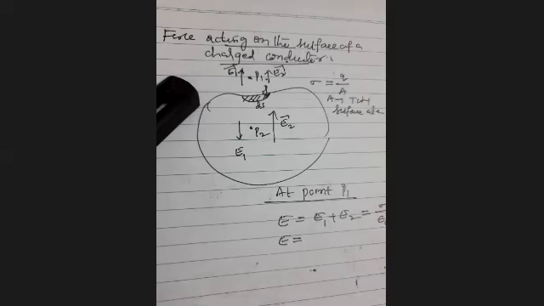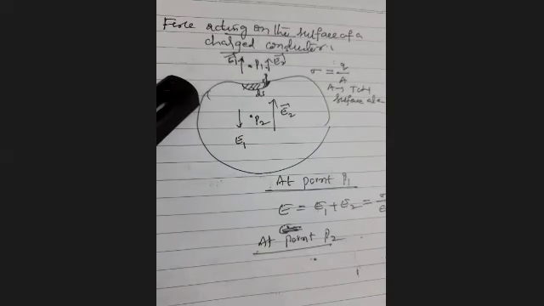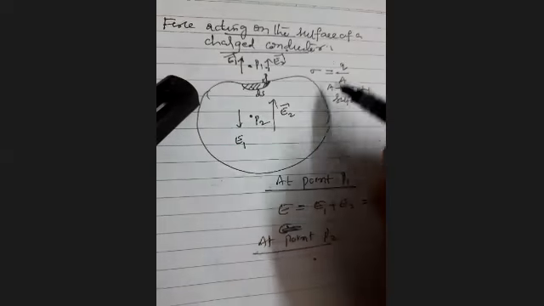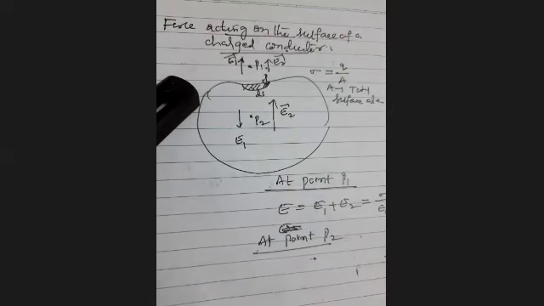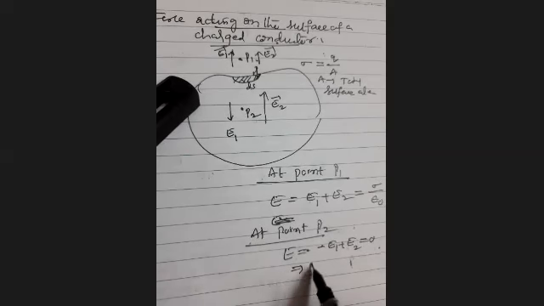Now consider the point P2. At point P2, E1 and E2 are in the opposite direction. But inside the charged conductor, the total field strength is 0. We know that E is equal to minus E1 plus E2, that should be equal to 0, which implies E1 is equal to E2.